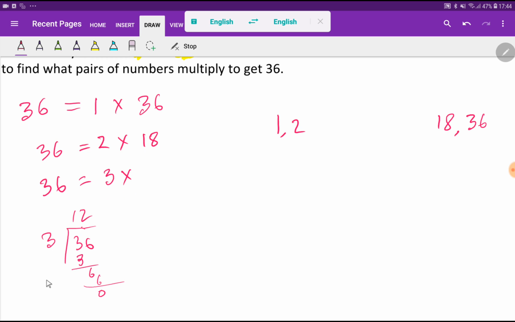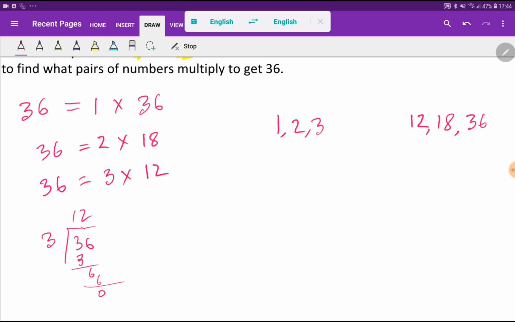If I divide 36 by 3, I will get 12. That is, you can form 12 groups and the number of members in each group is 3. So these 3 will come here and I have to write 12 here, right?